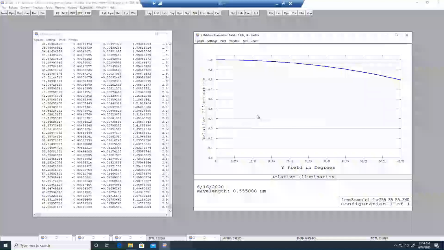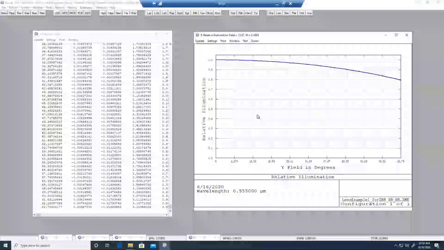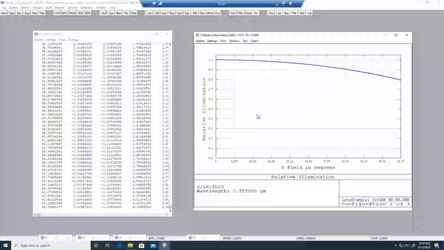Or in this case, just a plot of what that illumination looks like across the half field. But you'll often hear it referred to as illumination roll-off in the camera space, or if you talk to sensor guys, they'll say illumination roll-off. They might call it sensor shading. It's basically, in optical terms, relative illumination.